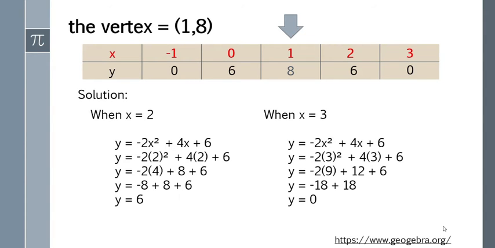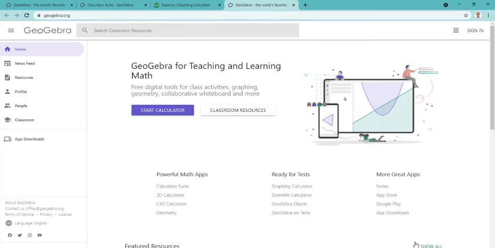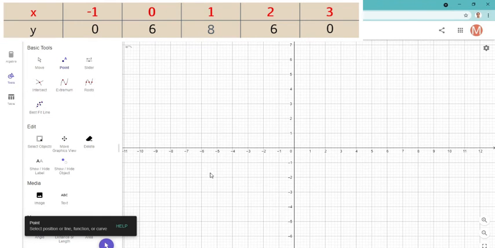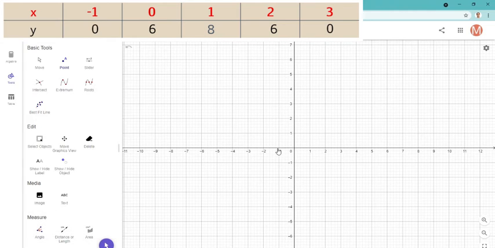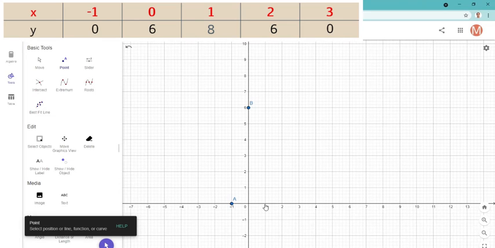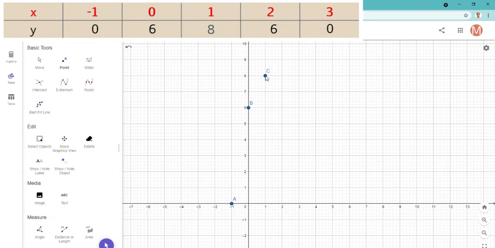Okay? So, using GeoGebra. So, open ulit natin yan. First point, if x is negative 1, ang sagot natin ay 0. Kapag 0 ang value ng x, ang sagot natin sa y ay 6. Kapag 1, ang sagot natin ay 8. Kapag 2, sagot natin ay 6.